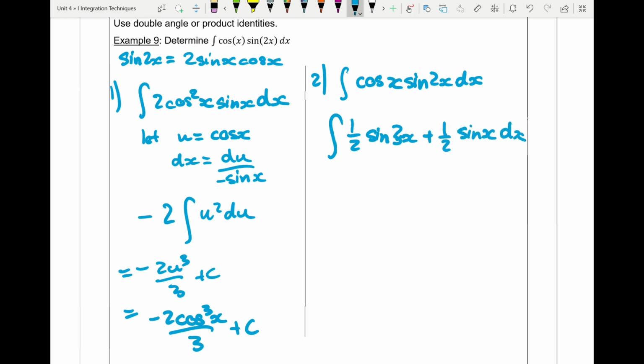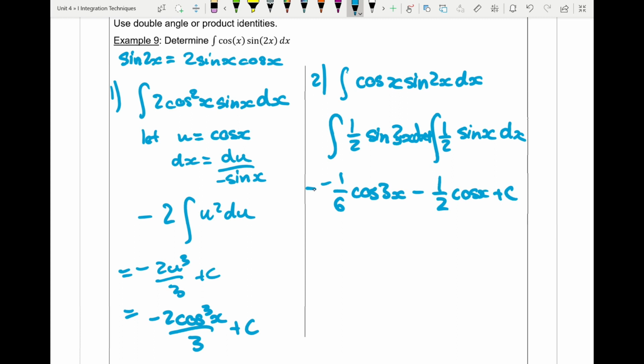And so now, even though their angles have different coefficients, it's now a sum rather than a product. So we can split this into two separate integrals and just compute them individually. So we get negative 1/6 cosine 3x minus a half cosine x plus c.